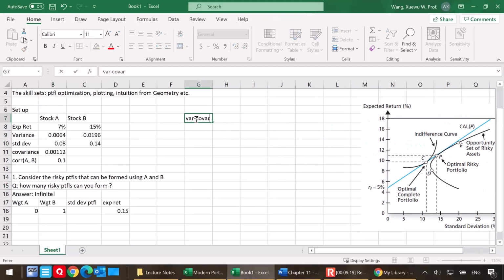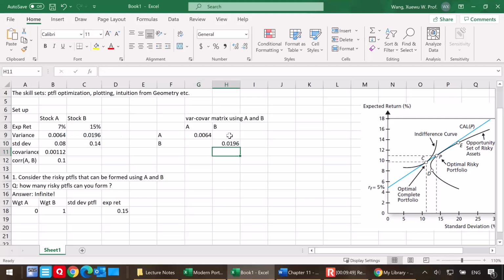So let me construct a variance covariance matrix using A and B. I'm going to look at stock A and stock B. This is very simple to construct because it's a 2x2 and we have all the numbers. That's the variance for A, and this is the variance for B. This is the covariance, that's this number here. And this also is the covariance, and it's symmetric. So this is the variance covariance matrix.